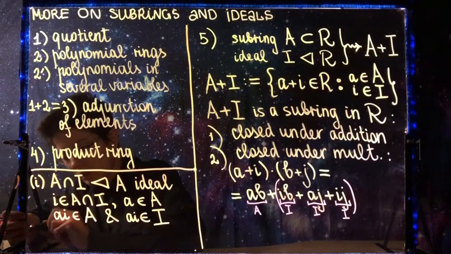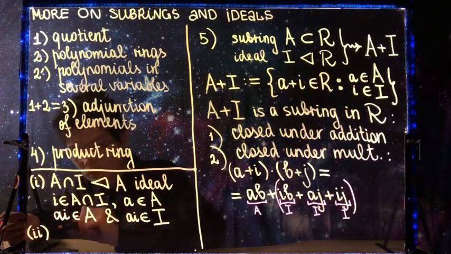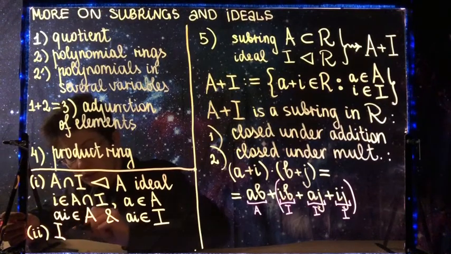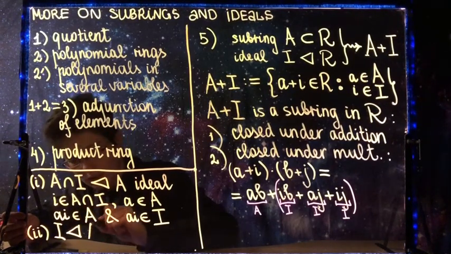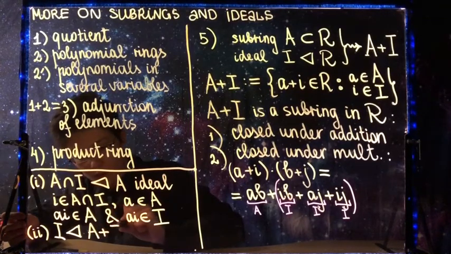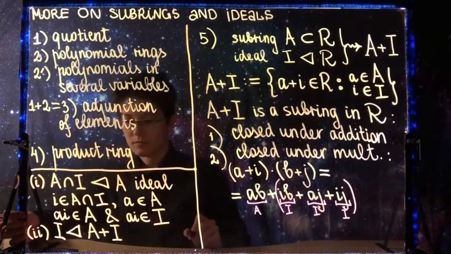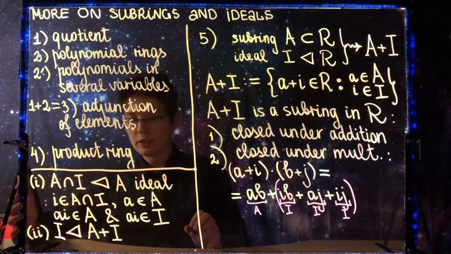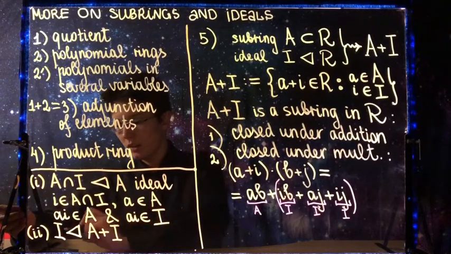And the second observation is that I is an ideal inside of the subring A plus I. And we can check it in a similar manner.